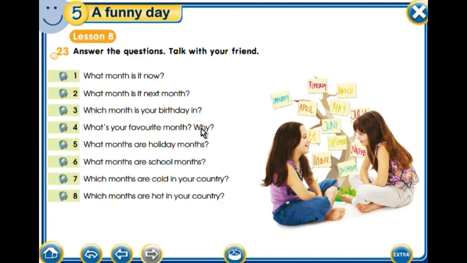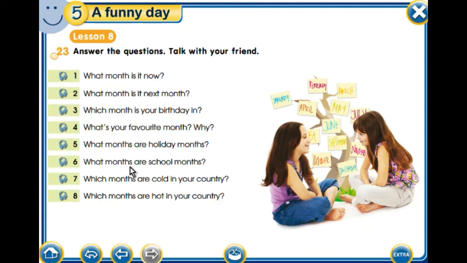That's why. What months are holiday months? Holiday, vacation, when there is no school and no work. So the holiday months are in the summer, July and August.